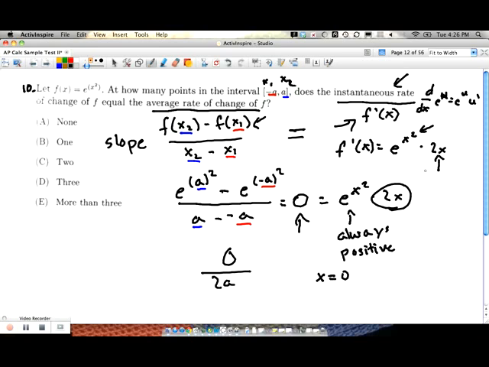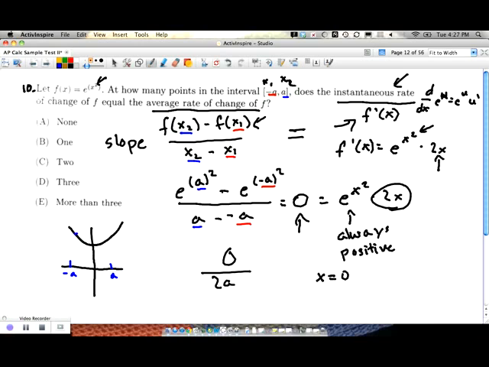When x equals 0, the average rate of change will equal the instantaneous rate of change. Now, just to give you a little bit of a tip, this function would have looked kind of like a parabola, not really, but it would go up, increasing on both sides. And if we're going from negative a to a, this has an even symmetry to it.